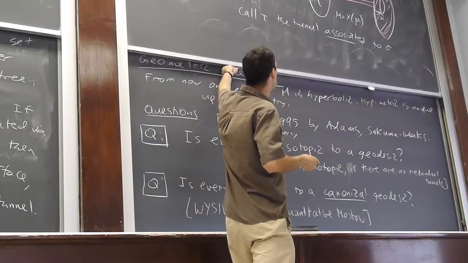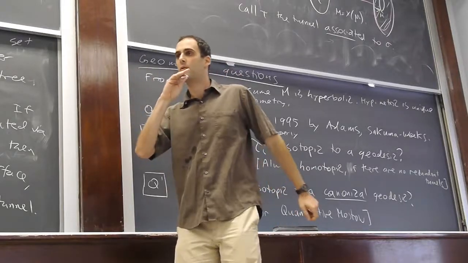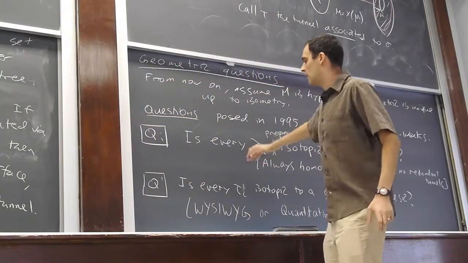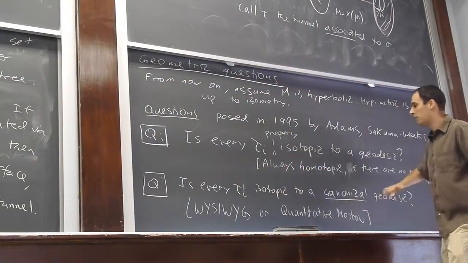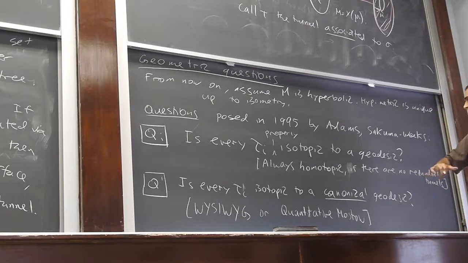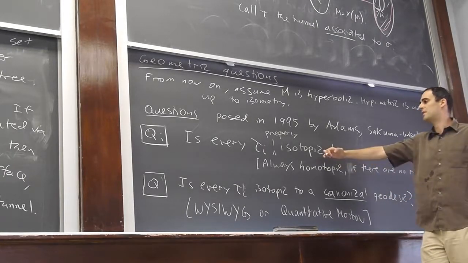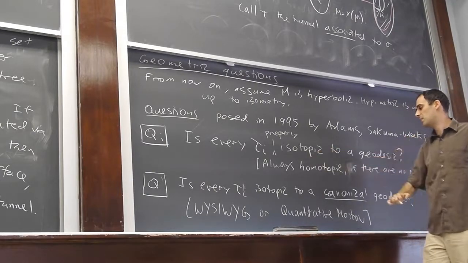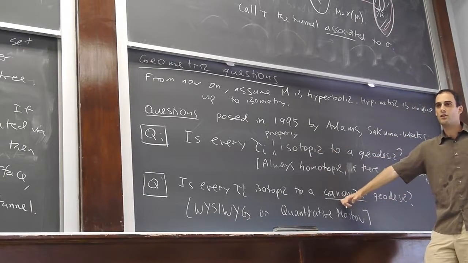The theorem I'm about to state is also going to answer your question, Walter, about what happens for... Oh, I'm about to erase this, so I'll stare at it for one more second. You want to know whether every tunnel is isotopic to a geodesic, and whether it's isotopic to a canonical geodesic.